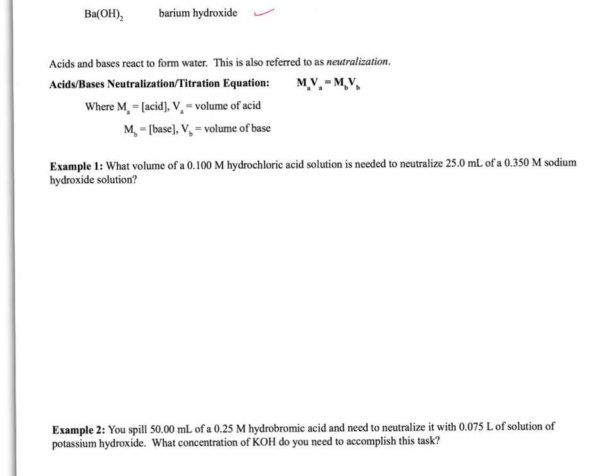What volume of a 0.100 molar hydrochloric acid solution, and hydrochloric acid, you'll need to know, is HCl, is needed to neutralize 25 milliliters of a 0.350 molar sodium hydroxide solution? And sodium hydroxide is NaOH. If we're going to solve this, we need to know what our variables will be. The molarity of the acid is 0.100 molar HCl.